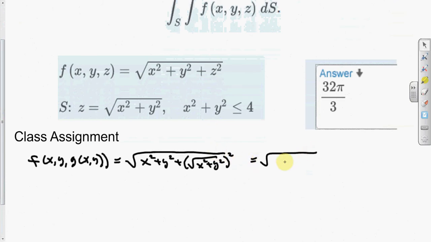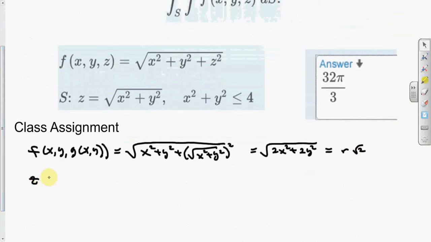This is the square root of basically 2x squared plus 2y squared. Isn't that r times the square root of 2?